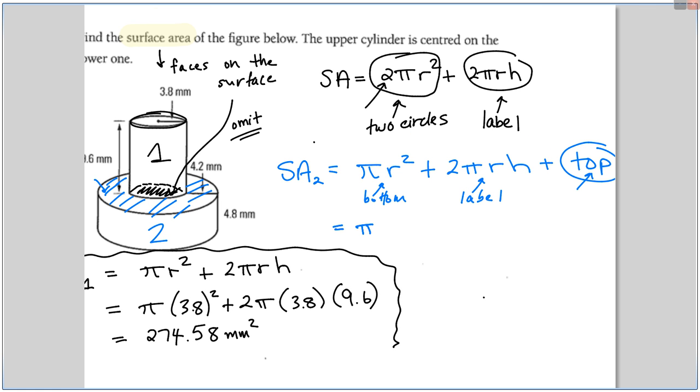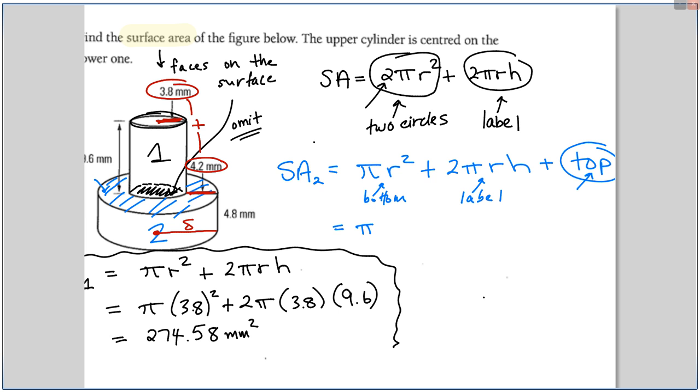Okay, so for the bottom circle, the radius is, anybody got this? You gotta do a little bit of problem solving. How you gonna get this radius? A portion of it is 4.2, and another portion of it is 3.8. So add those up, 3.8 and 4.2, you get 8.